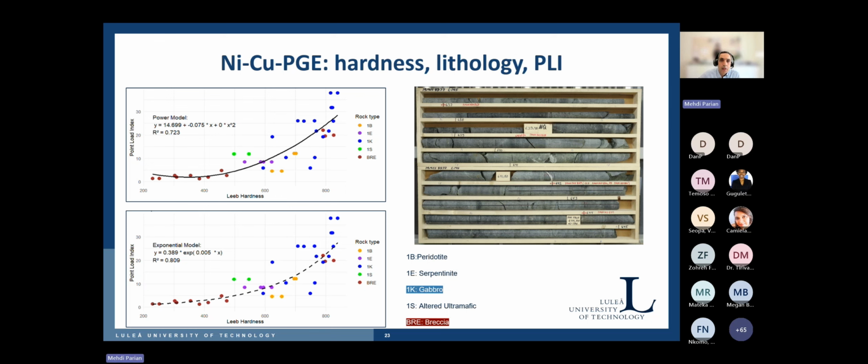So for nickel copper PGE on the left, we can see the correlation between Leeb hardness and point load index, showing distinct populations for different rock types. So I focus only on two extreme cases.